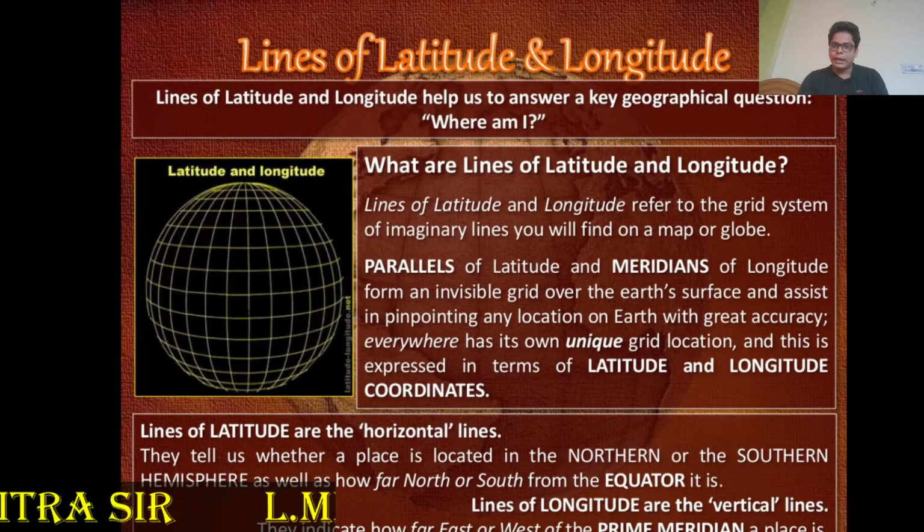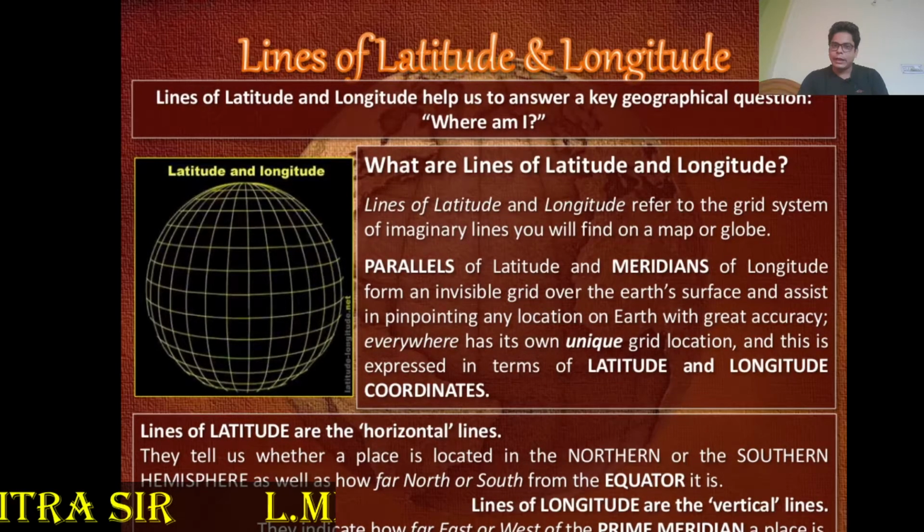The parallels of latitude and the meridians of longitude form an invisible grid over the earth's surface and help pinpoint any location with great accuracy. Every place has a unique grid position, expressed as latitude and longitude coordinates. This is one of the longitudes, and this is one of the latitudes, and this is the cross point.